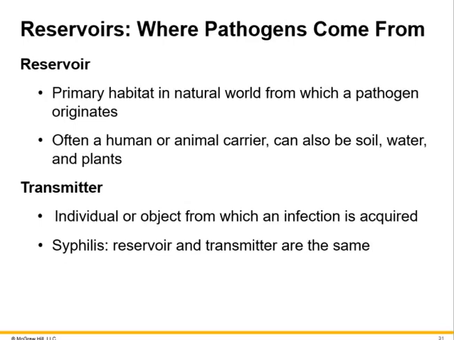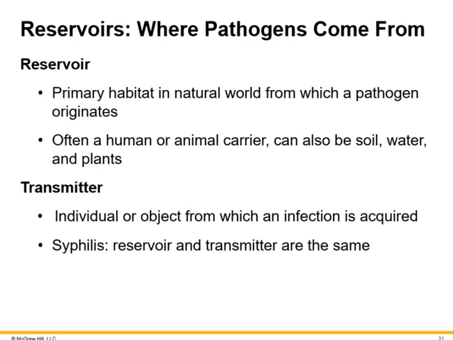Sometimes the reservoir and the transmitter are the same. For example, humans are the only reservoir and source of the varicella zoster virus, which causes chickenpox. So we are the reservoir for it, it lives within us, and we are the transmitter of it.